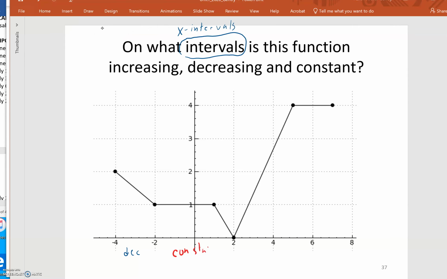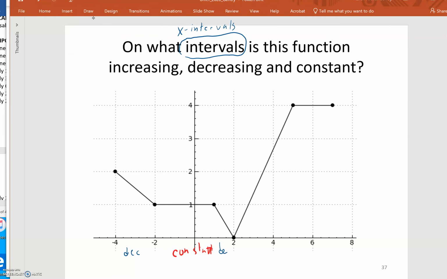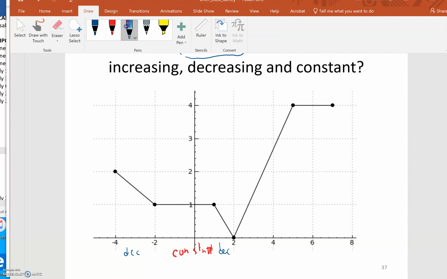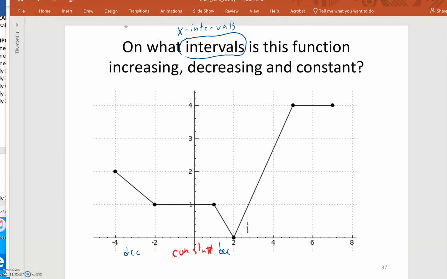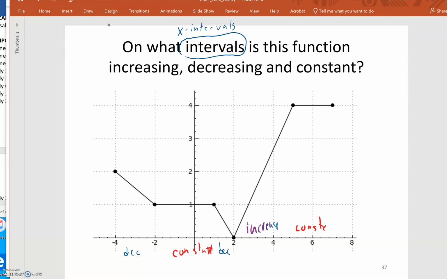But here I'm constant. Decreasing again. Increasing. And then constant. Okay?